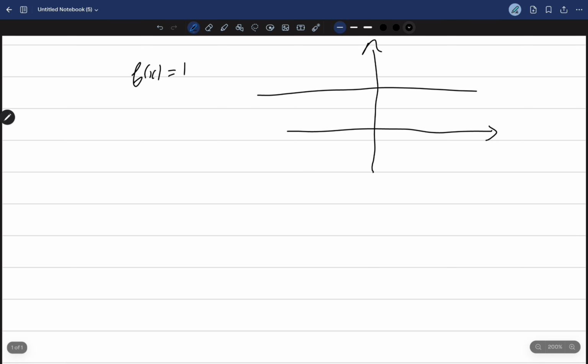So it's just the constant function. When we take the derivative, it's a constant, so it should be 0 everywhere.